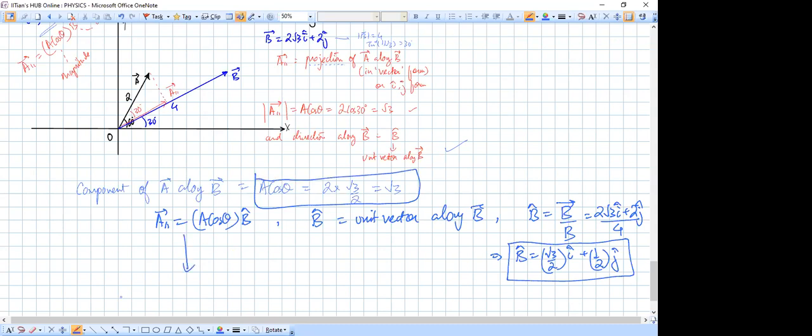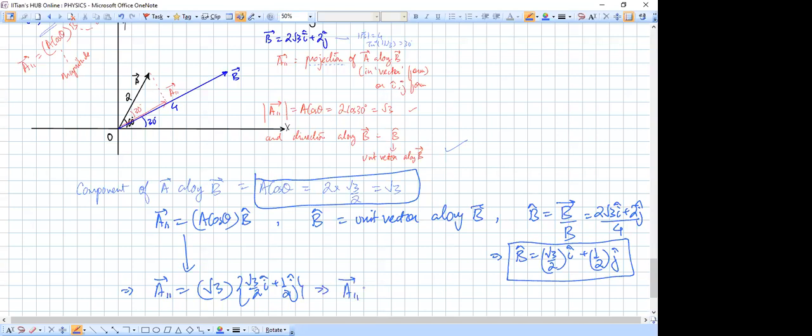So now my vector A parallel will become the product of these things. The magnitude is A cos theta, which is root 3, and the unit vector is B cap, which is this one, root 3 by 2 i cap plus 1 by 2 j cap.